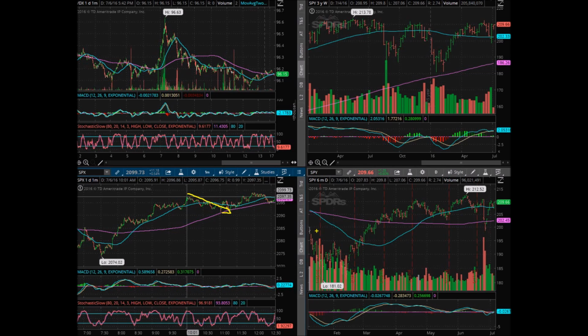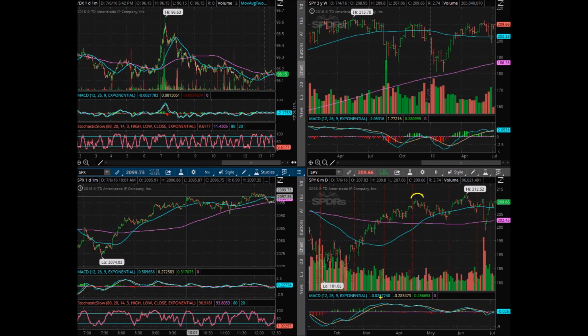So if we look at this next chart over here, this is the daily chart. So we can see the same thing. So if we look at the peak in April, right here, we can see some divergence down below in the MACD.